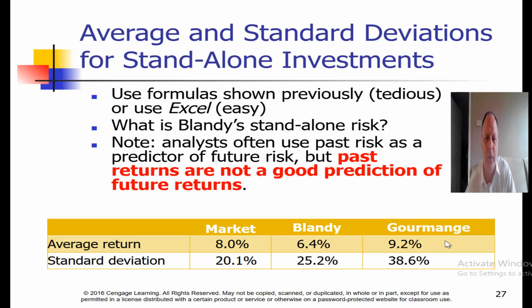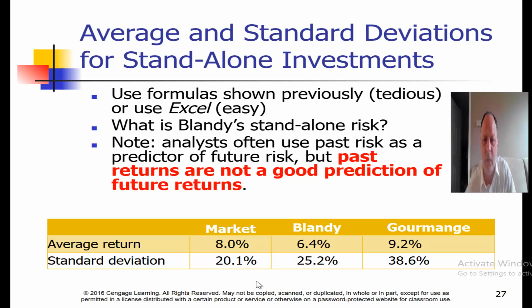The market gets a rate of return of 8, Blandy 6.4, and Gramage 9.2. Whereas the standard deviation of the market is the lowest at 20, Blandy gets a lower rate of return, but a higher standard deviation of 25, and Gramage gets a higher rate of return and a higher standard deviation of 38.